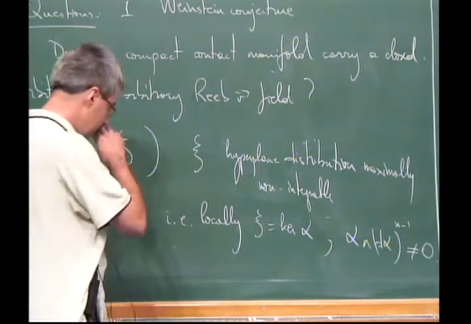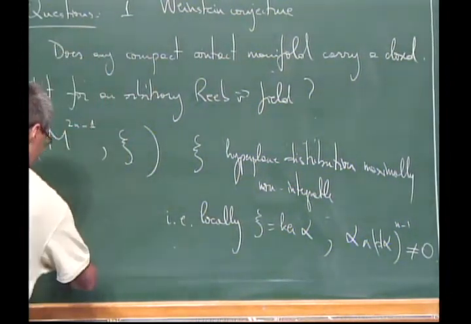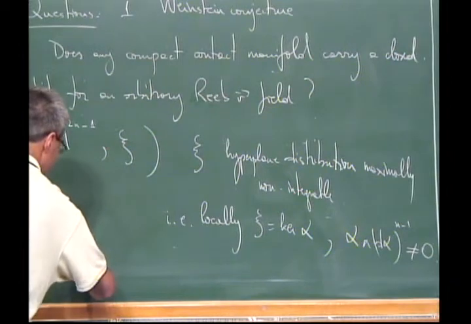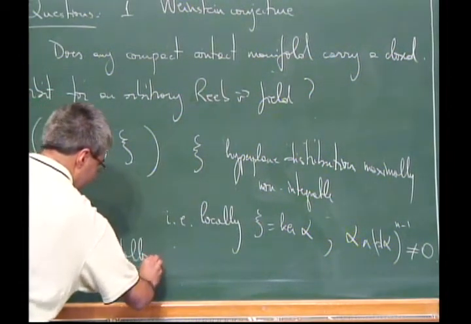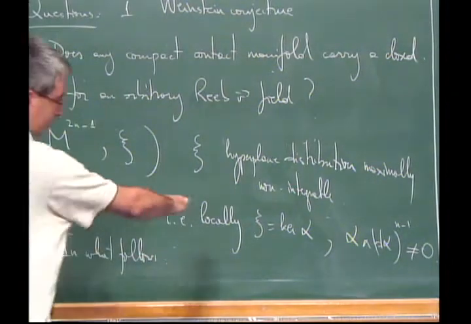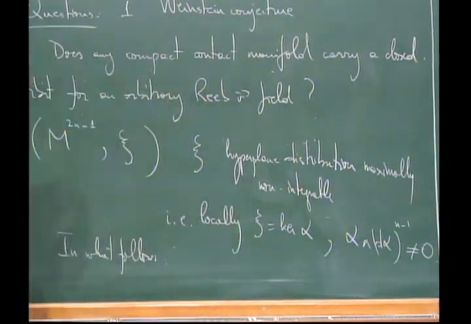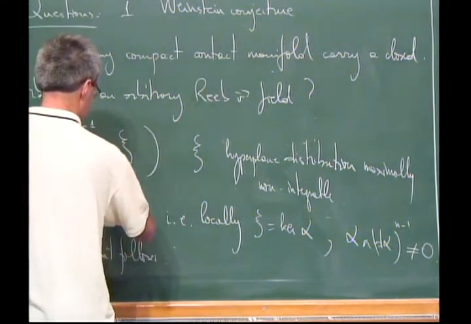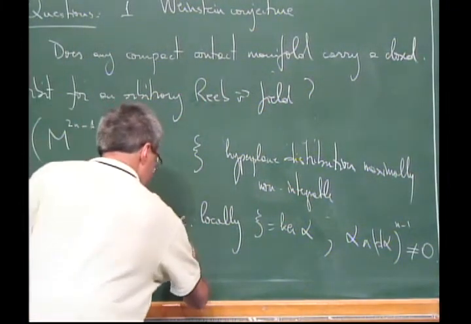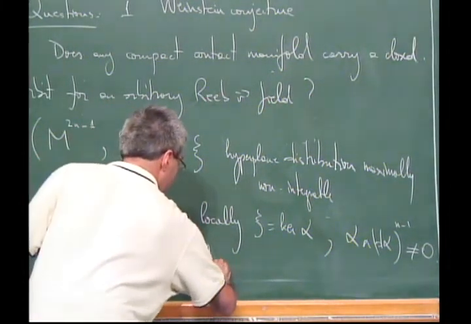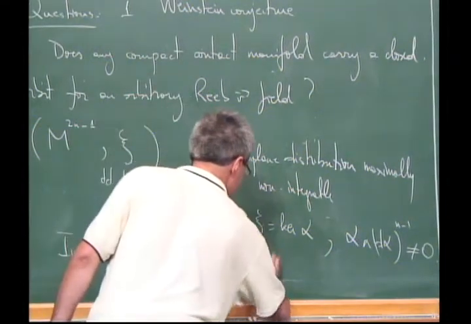So in what follows, I'll assume that such an expression is valid globally. And this is just a topological condition. It means that the contact structure, this is called the contact structure, is co-orientable, right? Xi is the kernel of alpha globally.